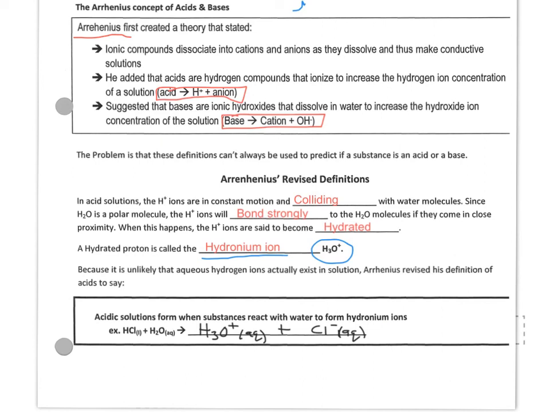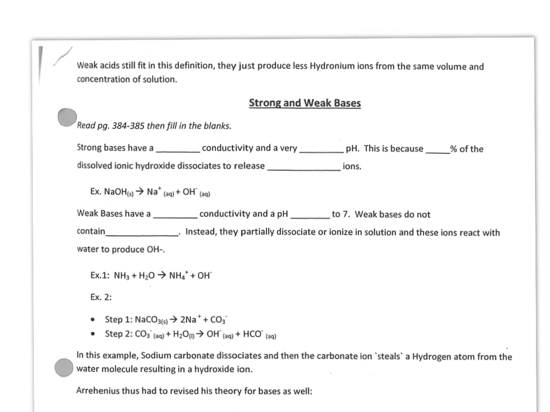So basically, Arrhenius says that acids form when a substance reacts with water to make a hydronium ion. It's just important to remember that a weak acid still fits this definition. They just produce less hydronium ions from the same volume of concentrated solution.